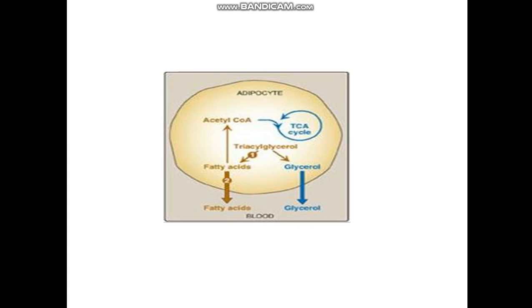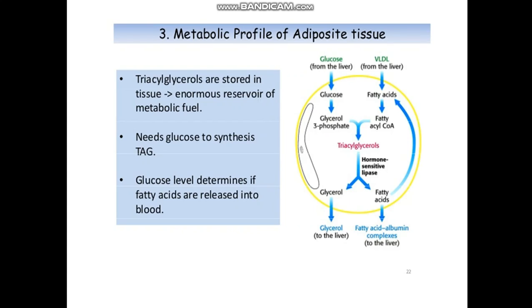Here in the adipocyte, what happens? Triacylglycerol is degraded into fatty acids and glycerol, and it goes into the blood and is utilized for gluconeogenesis, and fatty acids undergo beta oxidation to acetyl coenzyme A, which goes to the TCA cycle and produces energy.